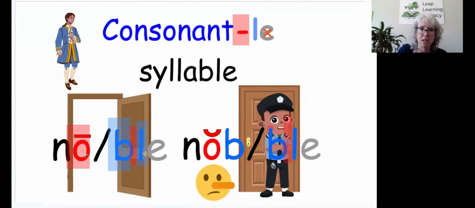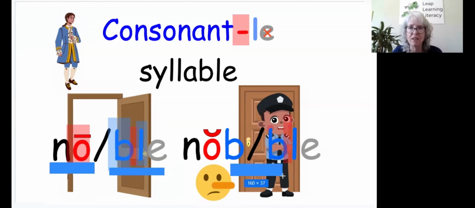So what's going on here? Well, this first syllable type, there is no consonant guard because with consonant LE, we usually chop in front of the consonant, which means that is leaving this O to be open, as in the word noble. But in this word here, we have twin guards, two B's. Like I said, we usually chop in front of consonant LE, which puts the chop right between those B's, those twins.